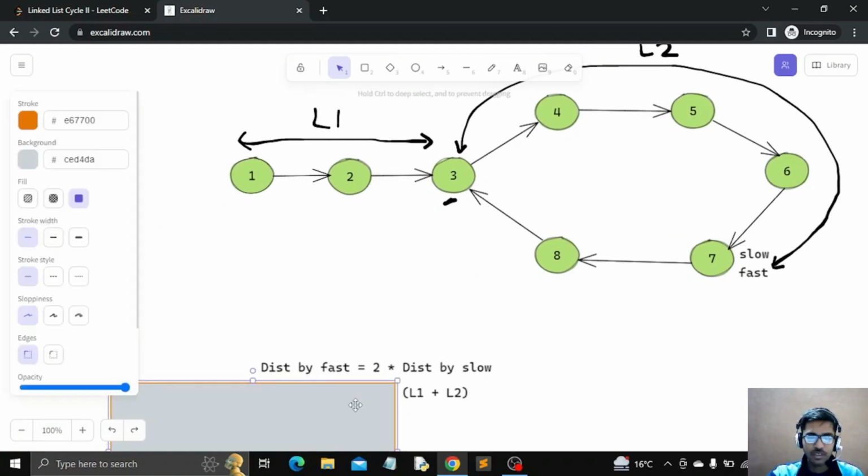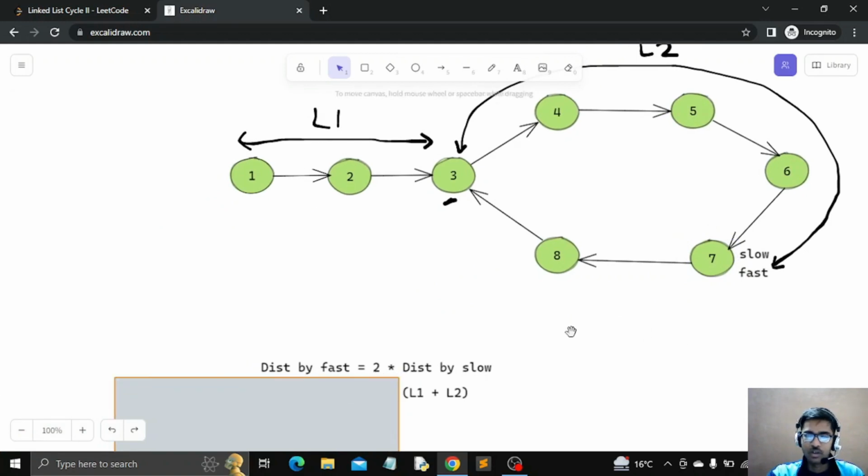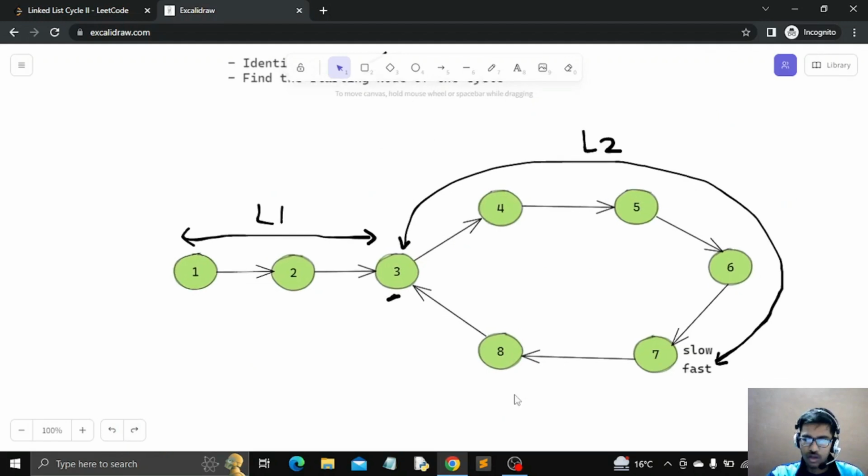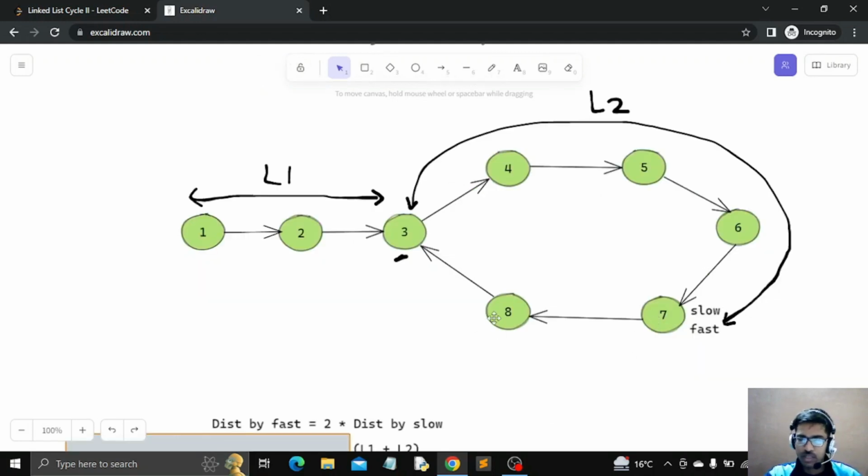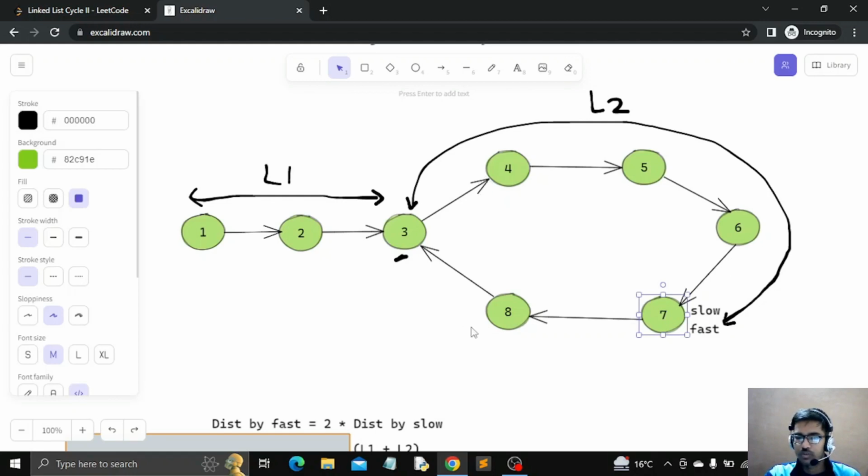And what will be the distance covered by the fast pointer? It will be at least the distance covered by the slow pointer. Plus, as it is moving twice the speed of the slow pointer, there can be a chance that the fast pointer takes some rounds in this cycle before it meets the slow pointer at this node. So L1 plus L2 plus some rounds in this cycle.